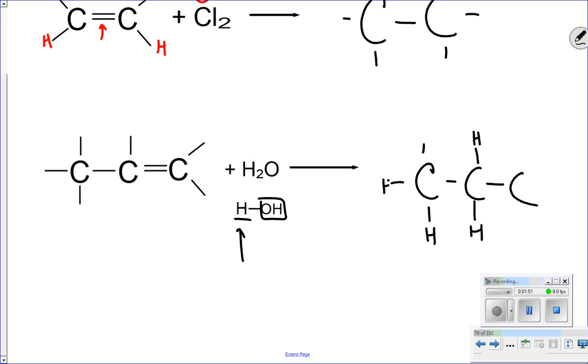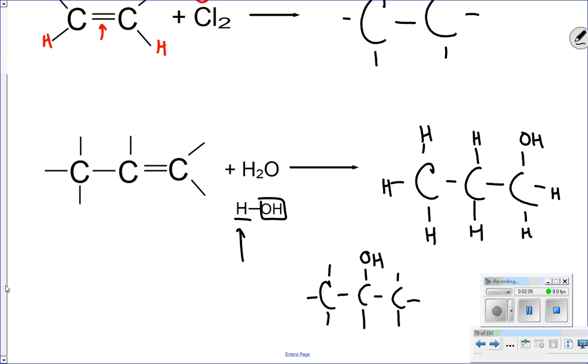On our end carbon, we had two H's to start with, and now we're going to add that OH group. Could this possibly end up like this? Absolutely. Those are two very equivalent products. In organic chemistry, if you take that in college, you'll learn which one of those would be more likely to form, but for our purposes right now, either one is possible and equally correct.